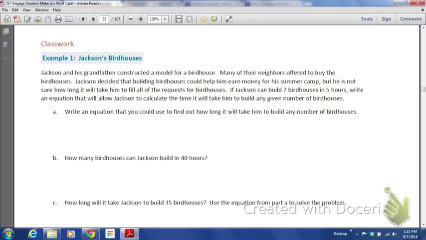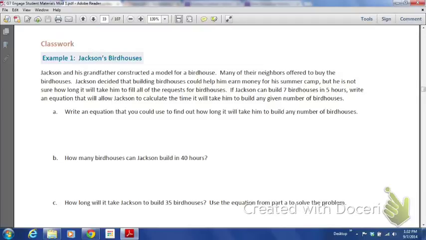Jackson decided that building birdhouses could help him earn money for his summer camp, but he is not sure how long it will take him to fill all of the requests. If Jackson can build 7 birdhouses in 5 hours, write an equation that will allow Jackson to calculate the time it will take him to build any given number of birdhouses.